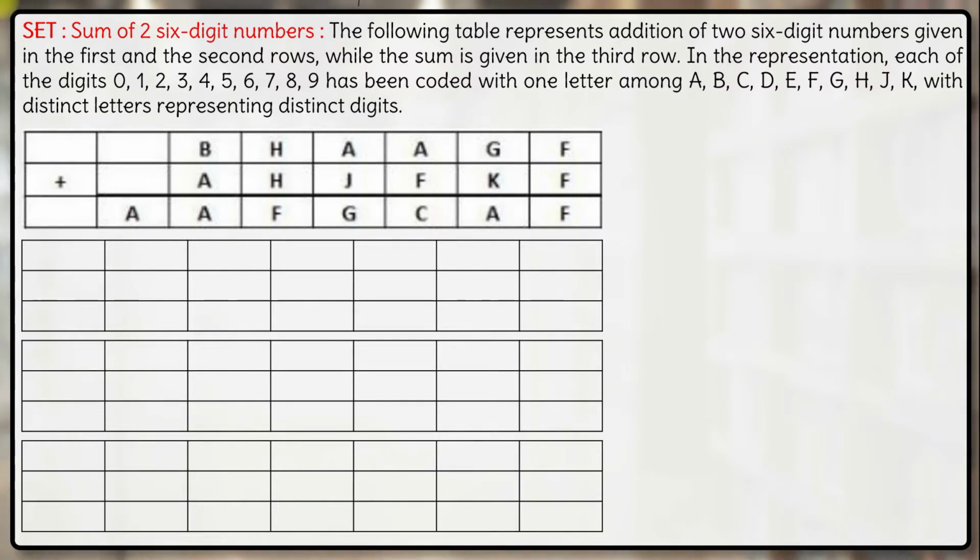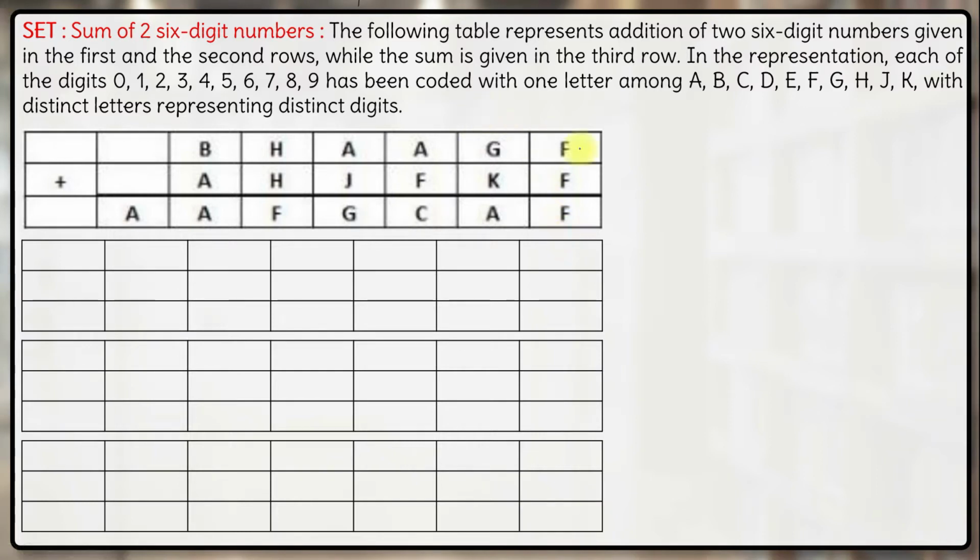Okay, so we know the addition starts from the rightmost or the units digit. So let's start with the units digit here. The units digit for both the numbers is F, and the addition of these units digits gives us the same number F. Now if you add two same single digit numbers, it should give the same single digit number. The answer might be a 2-digit number whose units digit is the same F, and there might be some carryover.